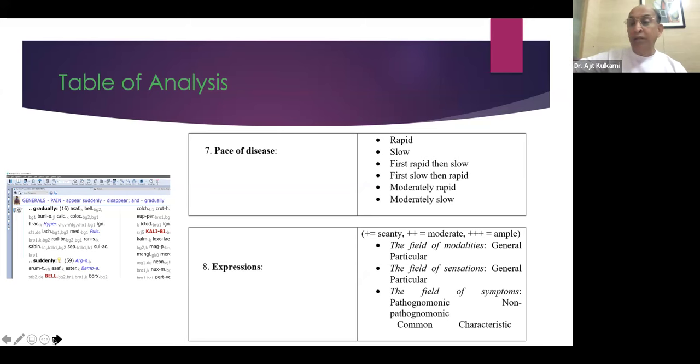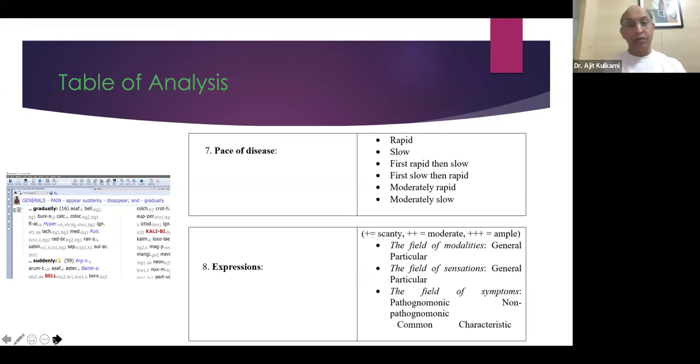We have to correlate this and then give the evidence of this. Then first slow, then rapid, moderately rapid, and moderately slow. Sometimes you will find we cannot define as very rapid or very slow. So these two additional speed patterns of the system are being expressed.